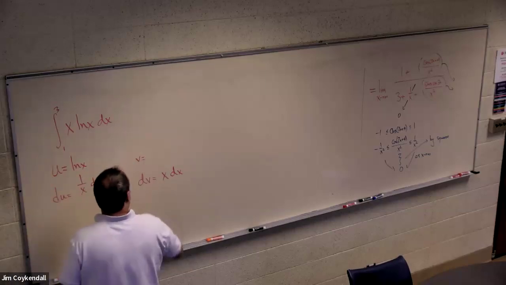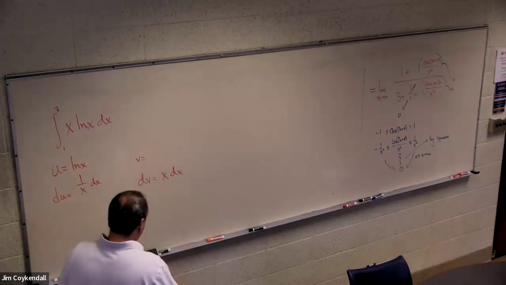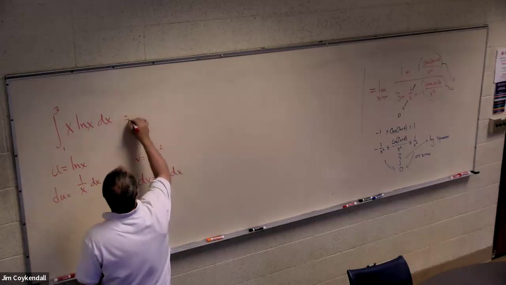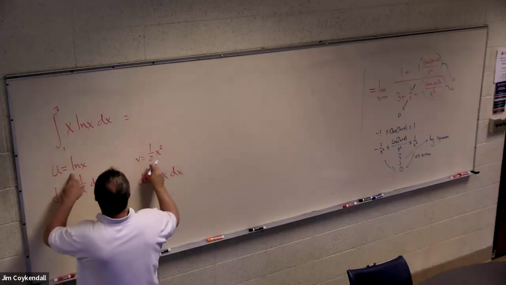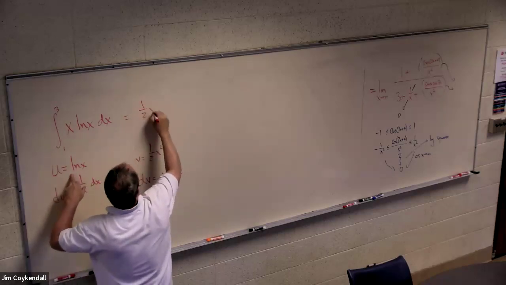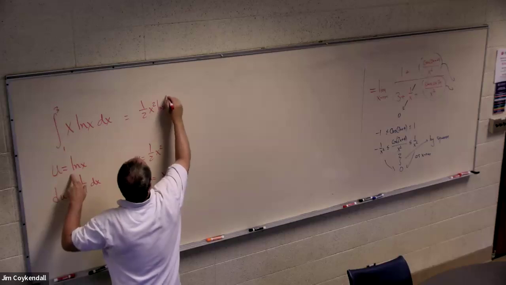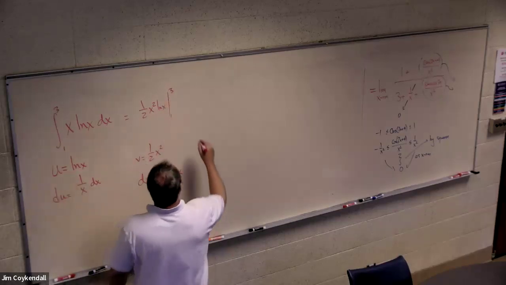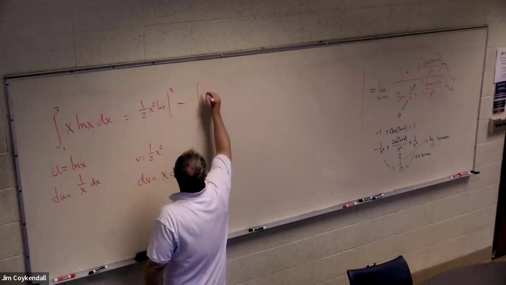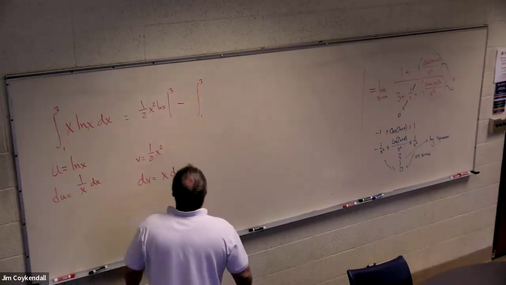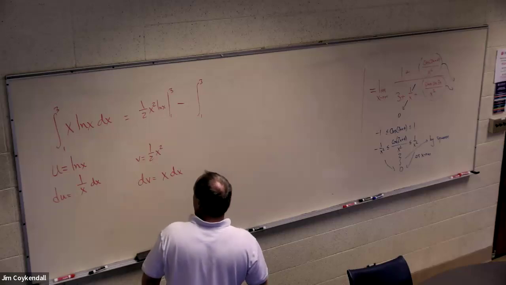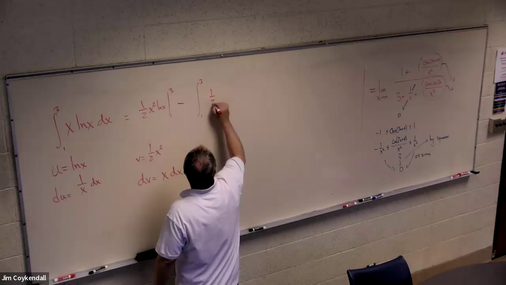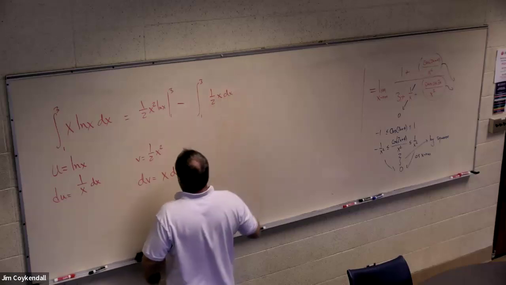And what's v? So this becomes uv minus the integral of v du. Remember, parts doesn't change your limits. It's not a substitution. So this is 1/2 x, when I multiply these.